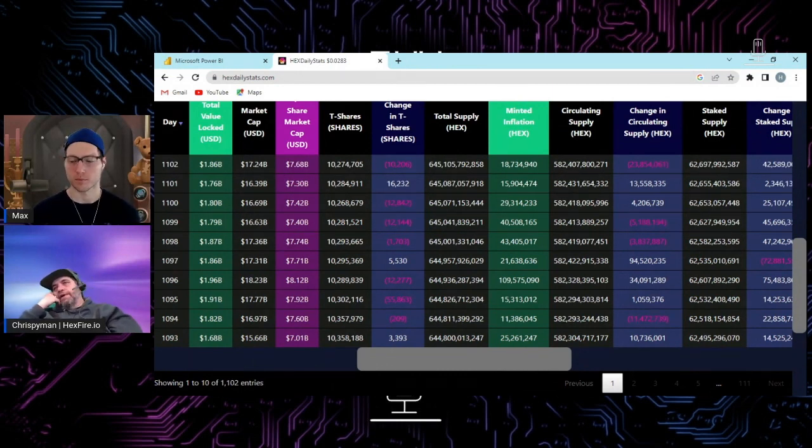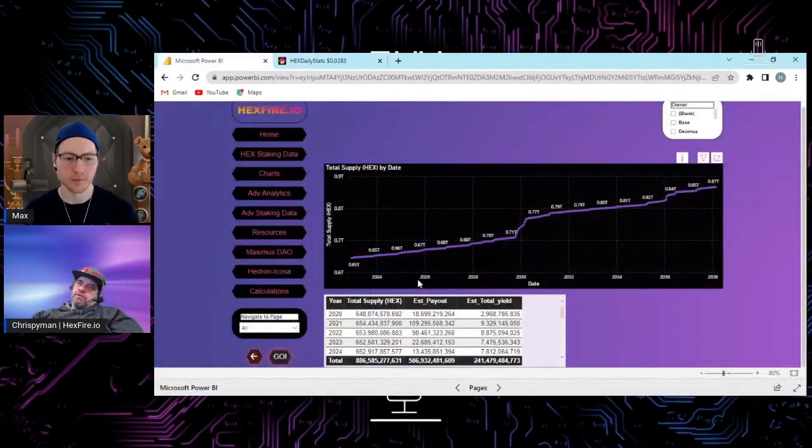I did have a request, and I worked with somebody today to come up with what is the total supply, in terms of what's being paid out versus yield, and what that looks like.